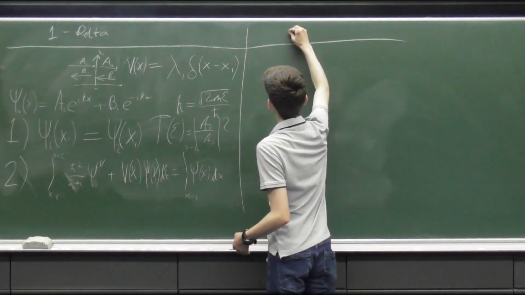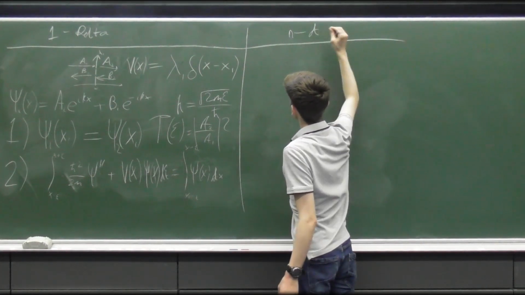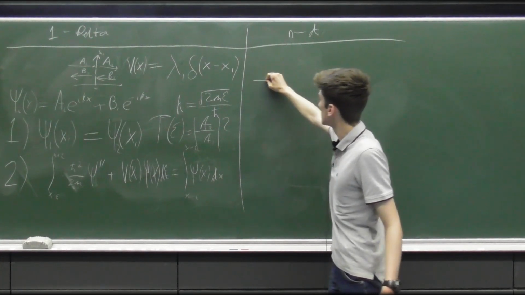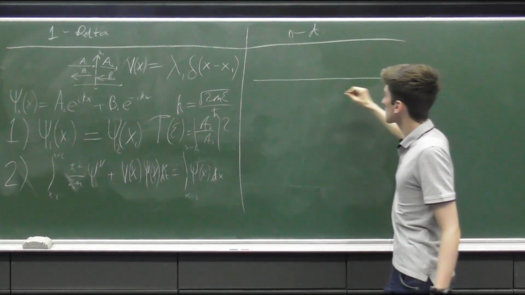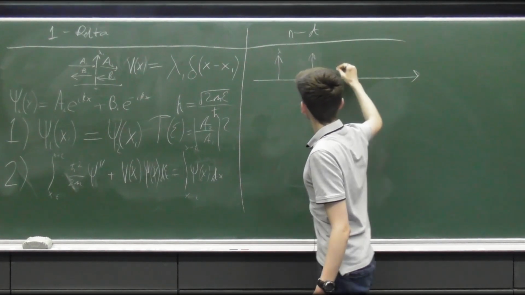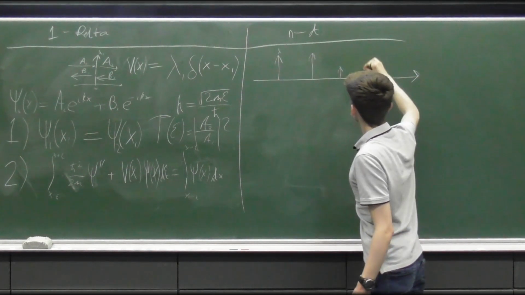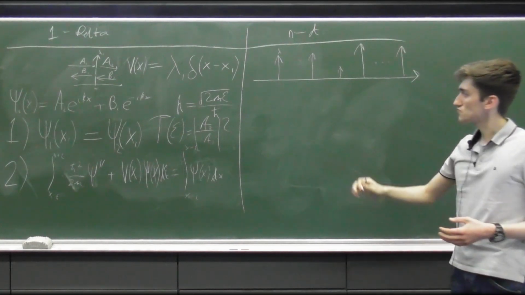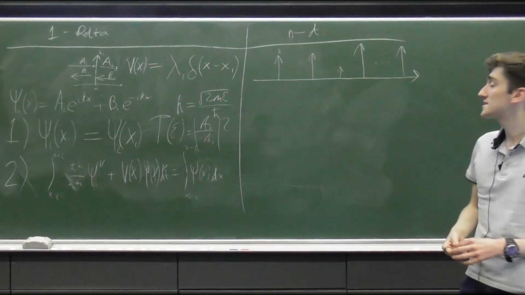This becomes less simple for n delta functions. So now our system looks like this.